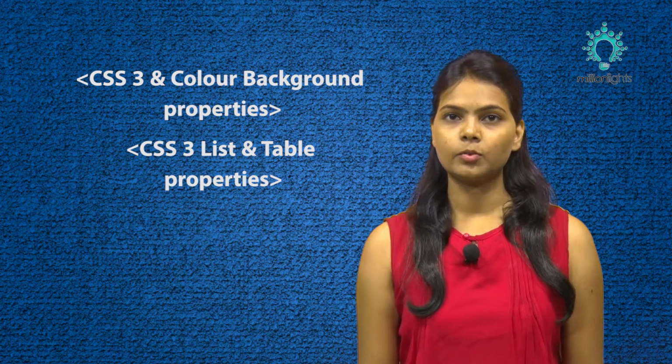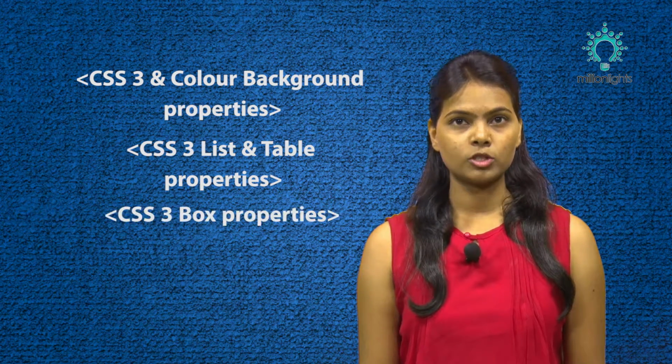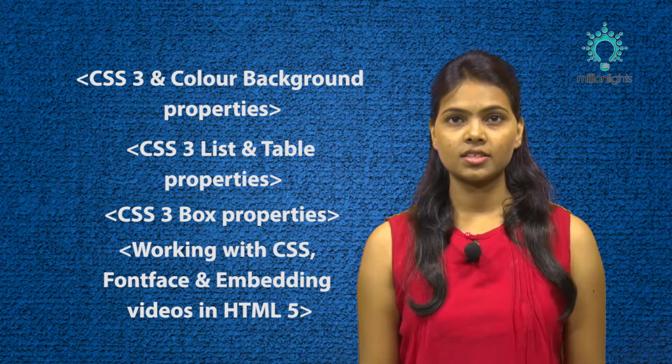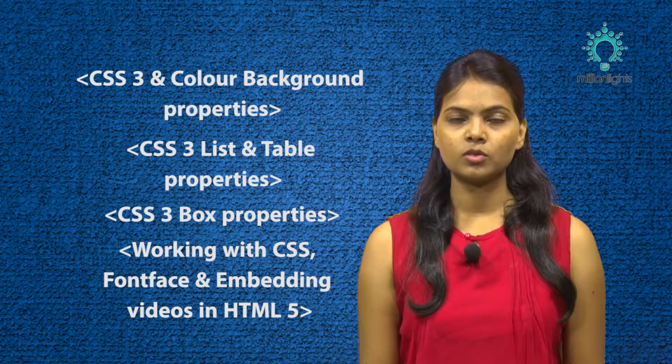Now we will move towards CSS3 color and background properties, CSS3 list and table properties, CSS3 box properties, working with CSS font face and embedding videos in HTML5. So let's get started.